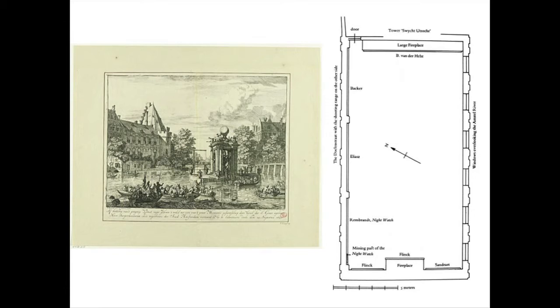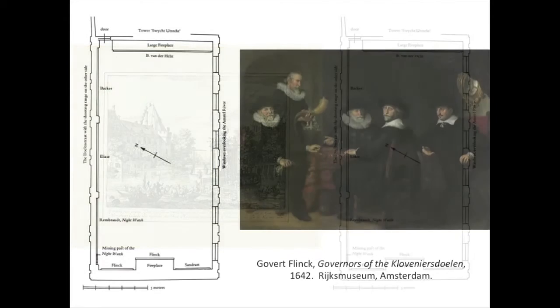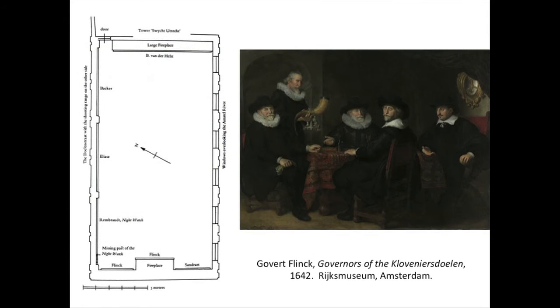And I'm just going to show you what the interior of the room looked like. So you're looking here at the governors. So these are the governors of the civic militia companies. And so each of the civic militia companies in this precinct met in this hall.